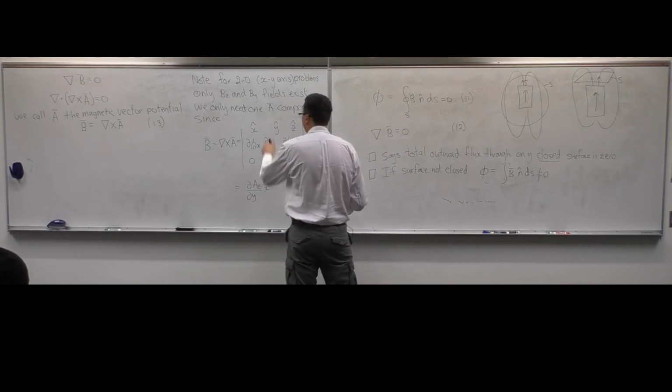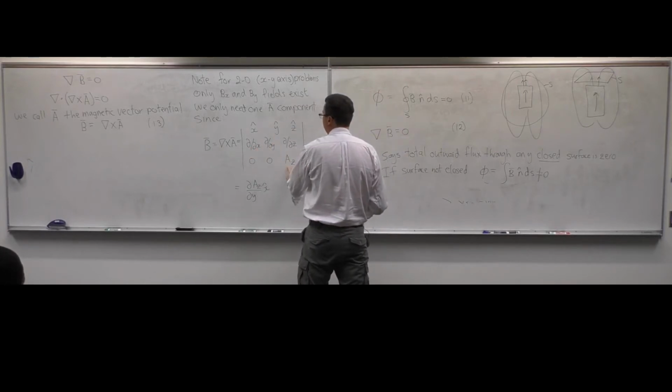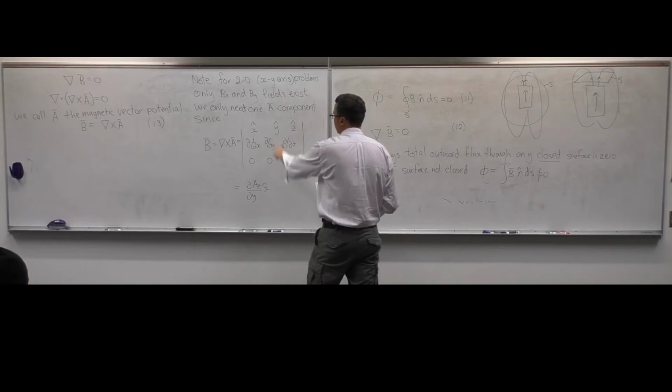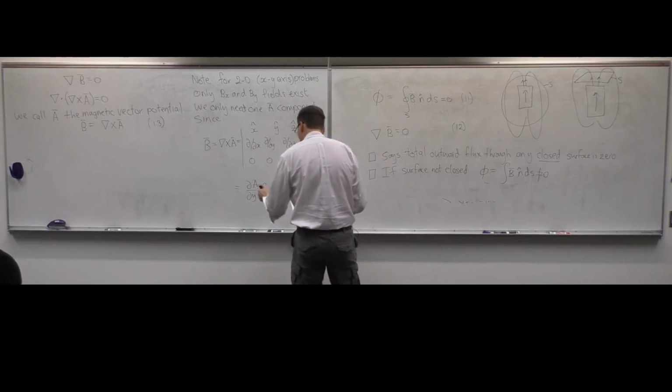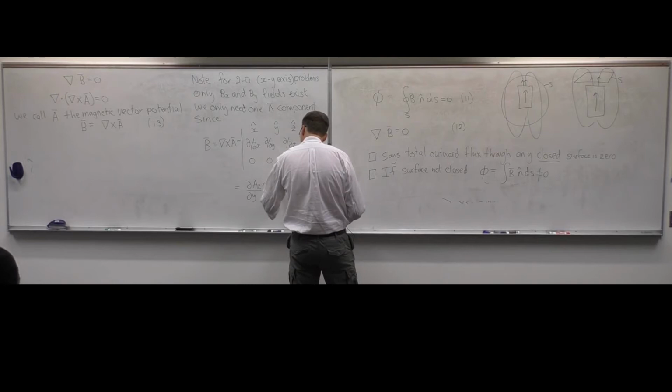And then the y term is del Az del x with a minus because it's the middle one. So we have minus del Az del x, y vector.